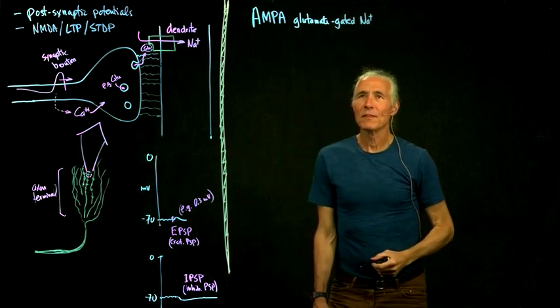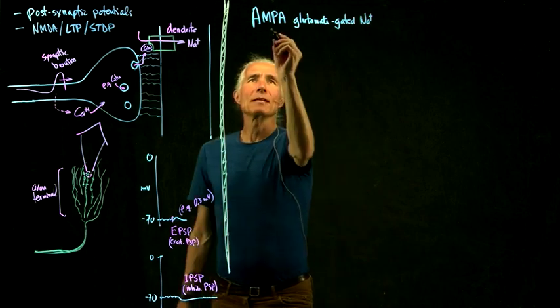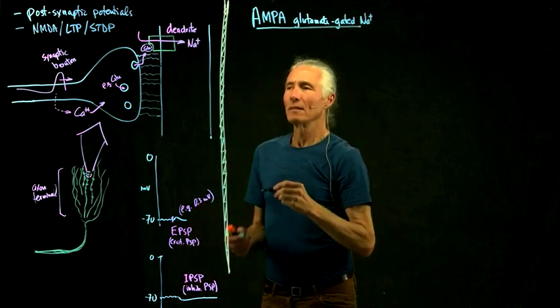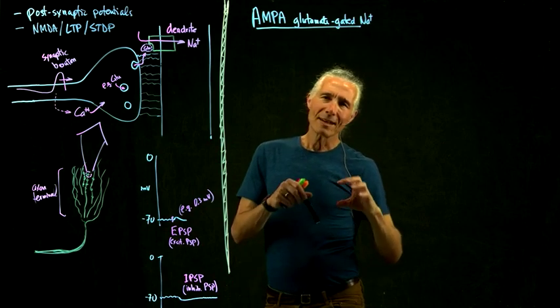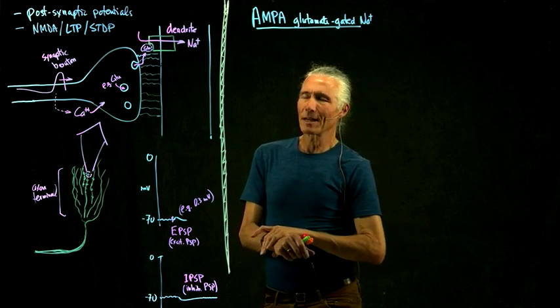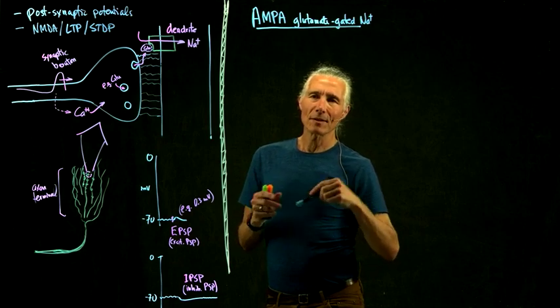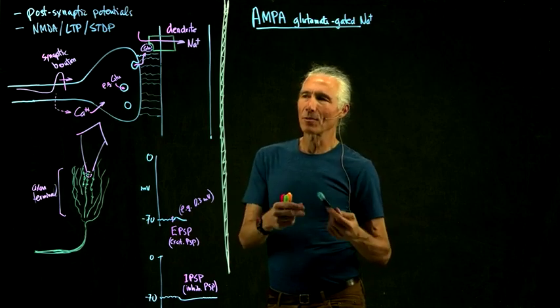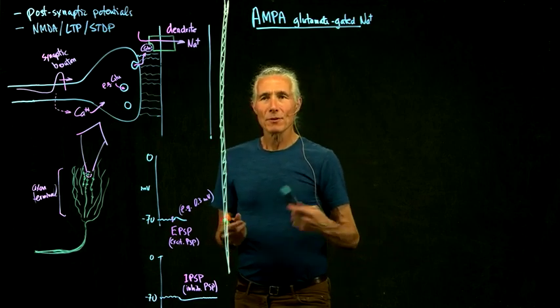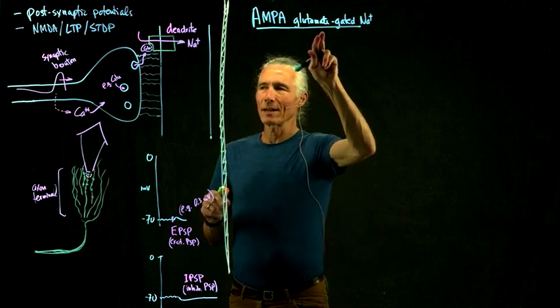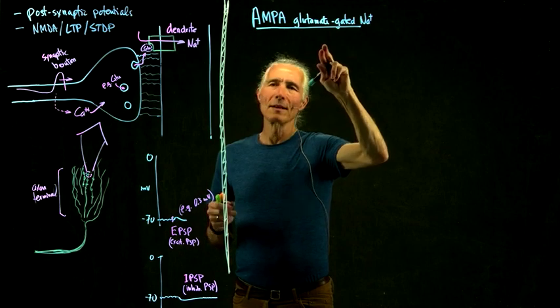It's a sodium channel, and it turns out it's not quite as clean a sodium channel as the one that causes the spike, so other stuff can get through it. The reversal potential, or the Nernst potential, quote unquote, for this channel is closer to 0 than positive.